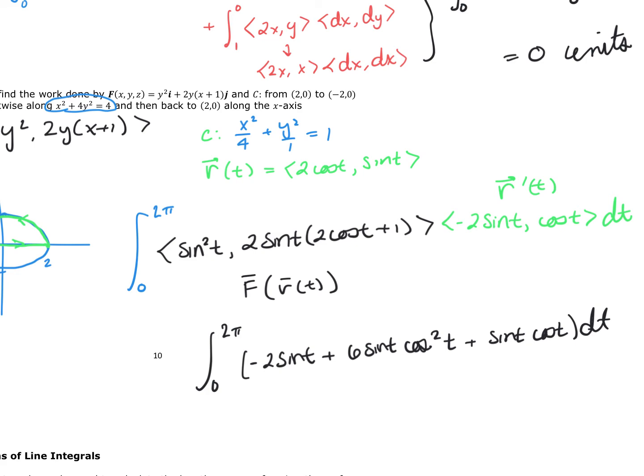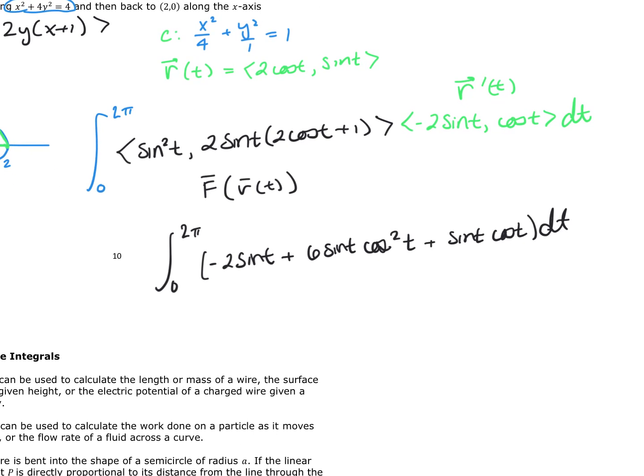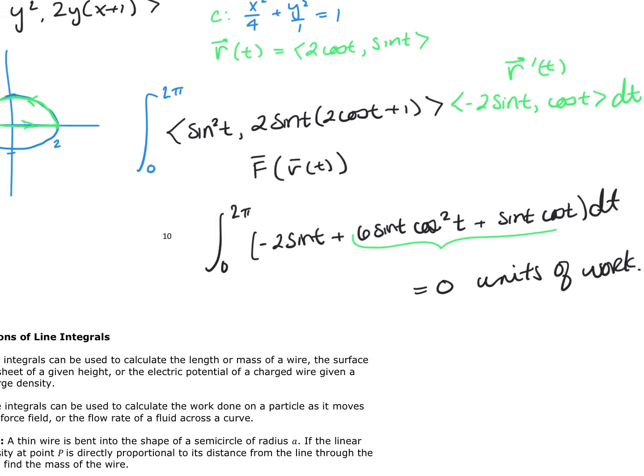Now I can break this apart and factor out a sine of t and then do some u substitution. But at the end of the day, when I get totally done, my answer is 0 units of work. And you all should, of course, check that.